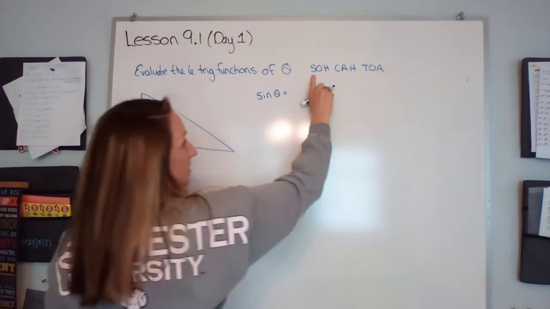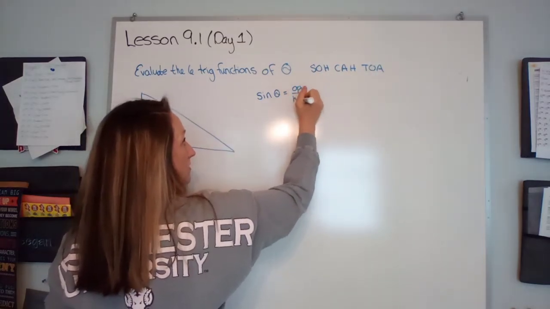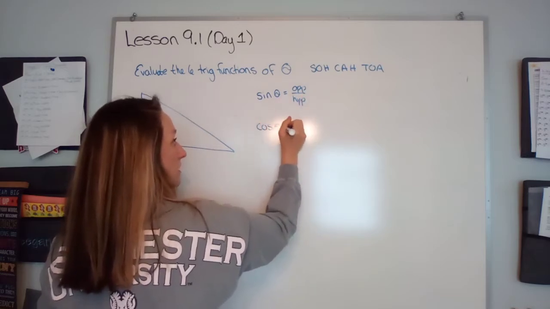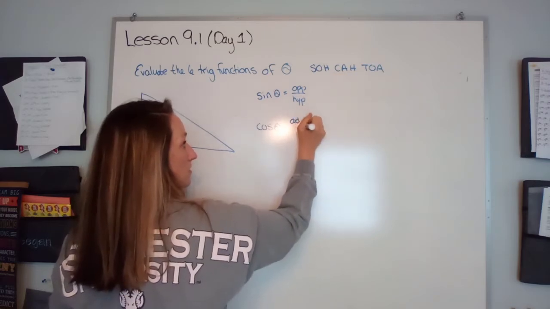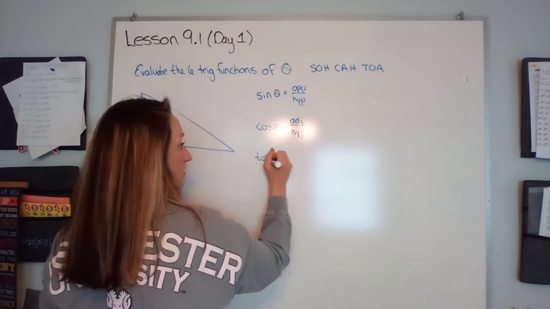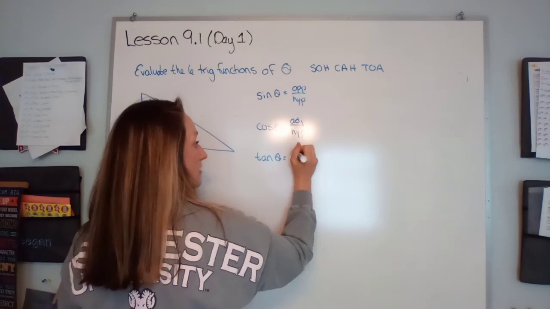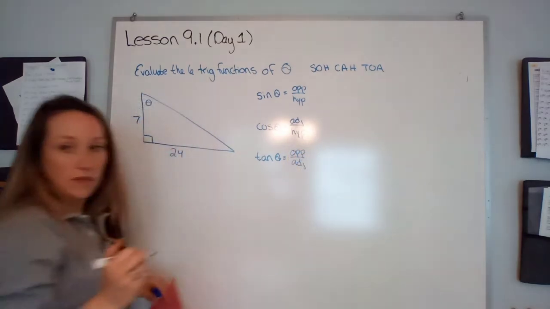Sine is opposite over hypotenuse. Then cosine of theta is adjacent over hypotenuse. And then tan of the angle is opposite over adjacent. That's three of the six.